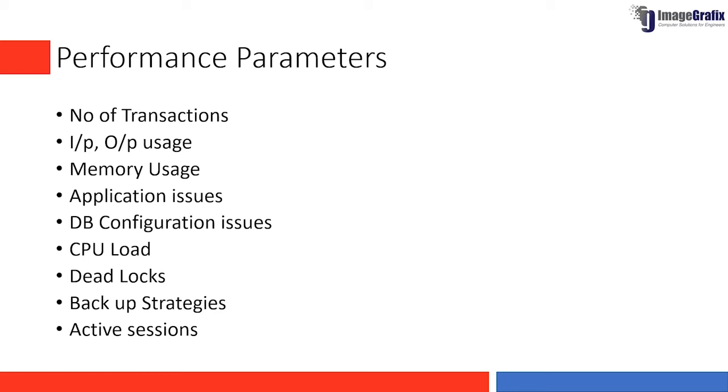As an IT person or a DBA, these are the performance parameters which you will be looking at in managing your database: the number of transactions, input output usage, memory usage, application issues, DB configuration issues, CPU load, deadlocks, backup strategies, then active sessions.